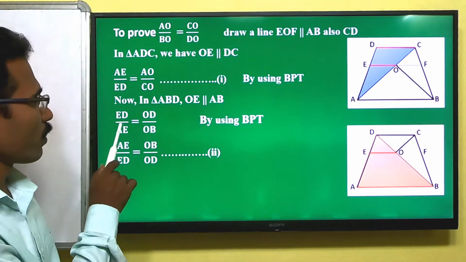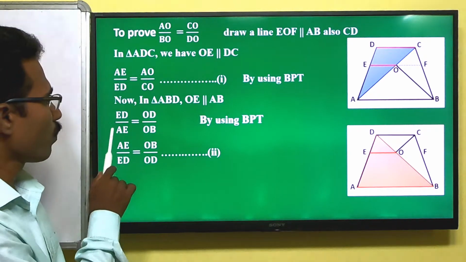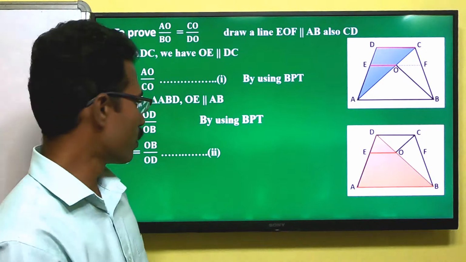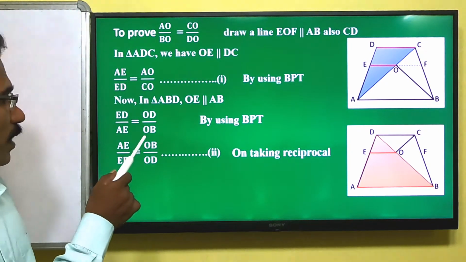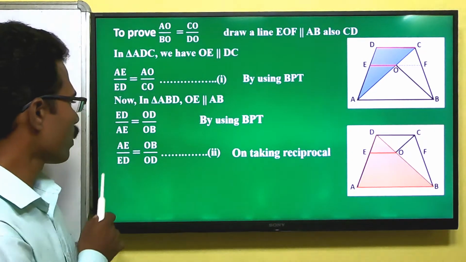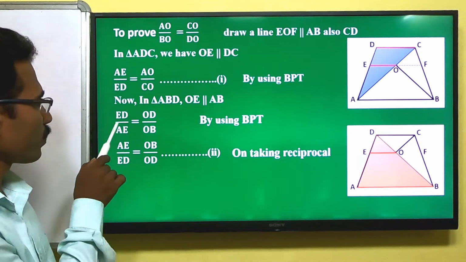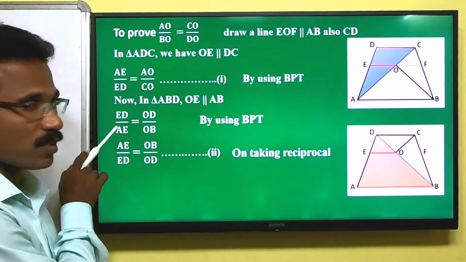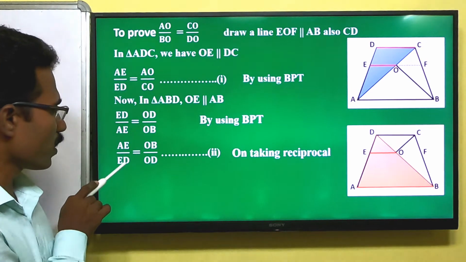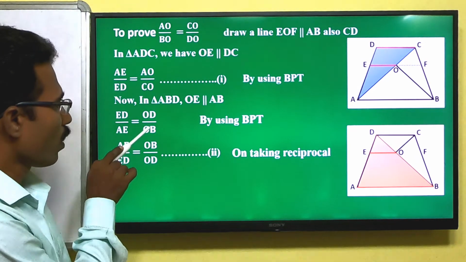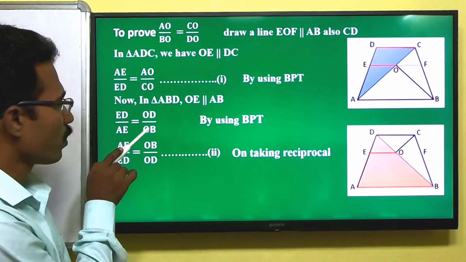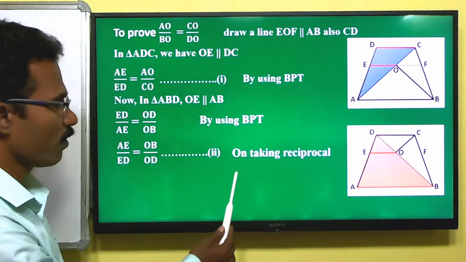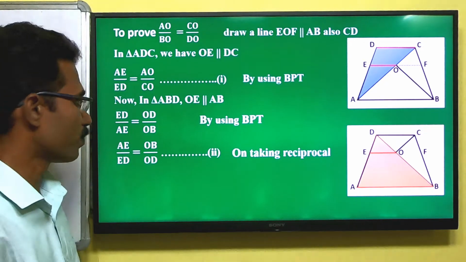What we do is take the reciprocal of the terms. So by taking the reciprocal, ED upon EA will become AE upon ED. In the same way, OD upon OB will become OB upon OD. We have taken the reciprocal of these terms.